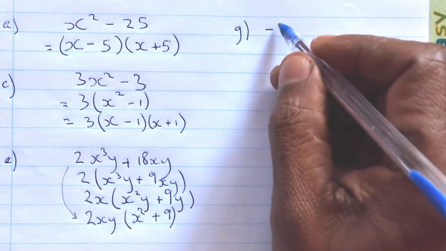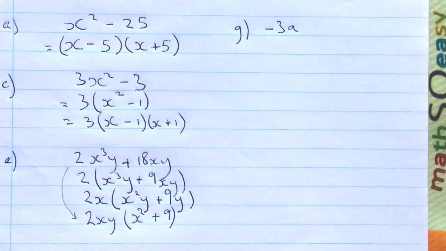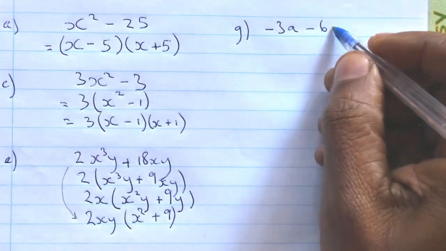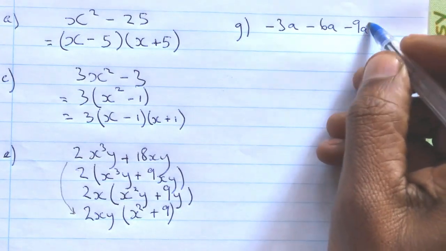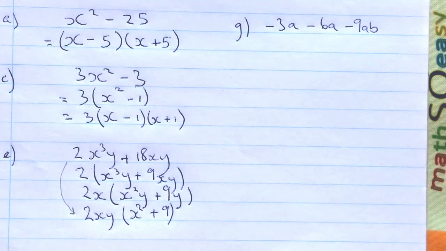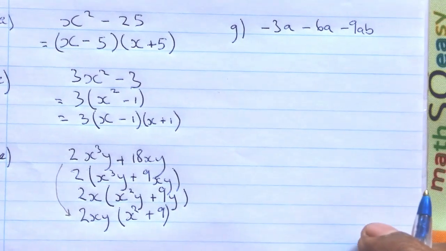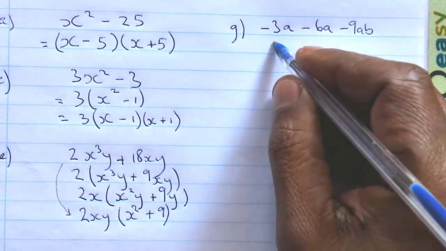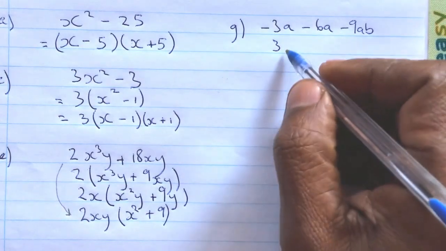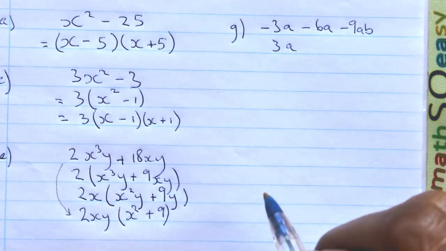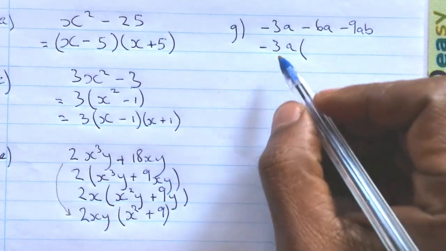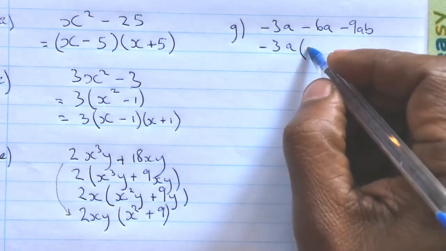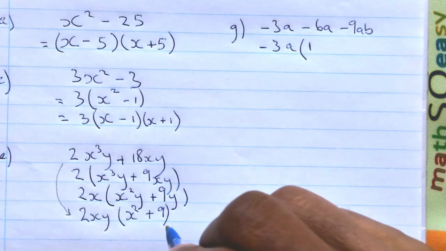We have negative 3a, negative 6a, negative 9ab. Okay. Right, so when you start to gain your confidence, you're going to say, I see a 3, and I see an a, and what else do I see? I see a negative, and then you go, this divided by itself is 1, okay?